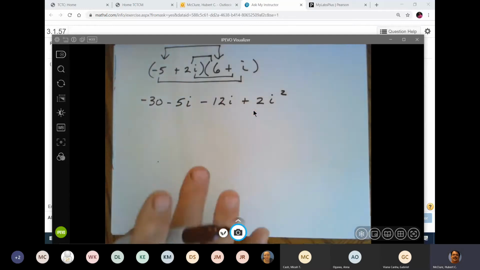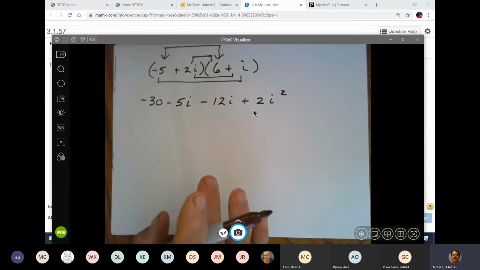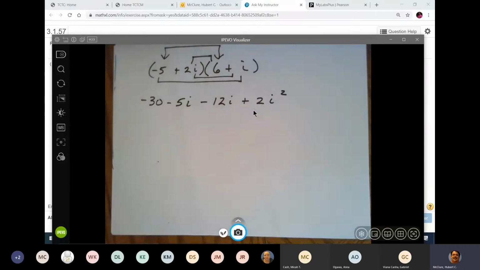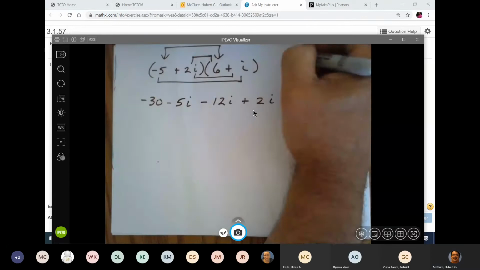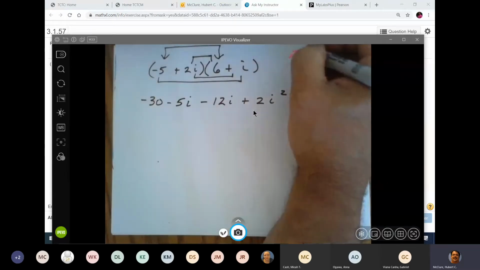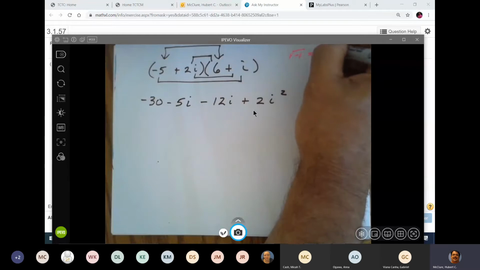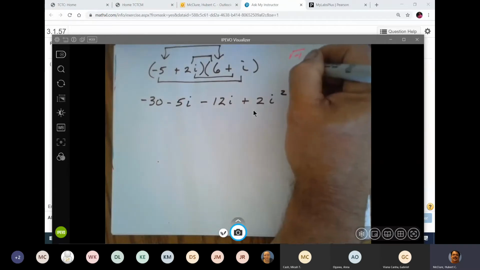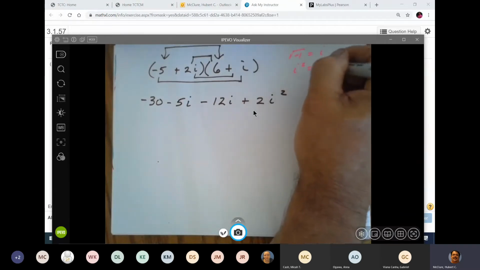Now, remember what I told you in the notes the other day when I brought i into completing the square. If you look at your notes, I said the square root of -1 is equal to i, and i squared is equal to -1.